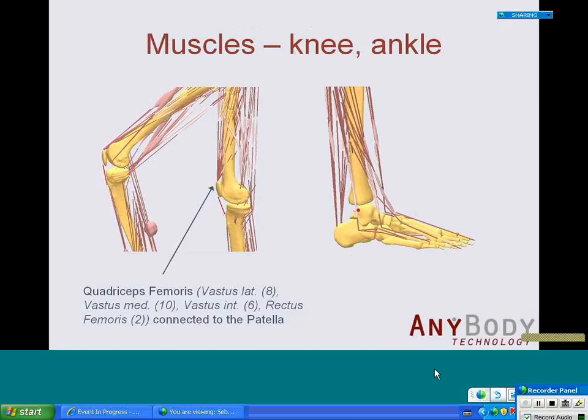So, once again, a more detailed picture of the muscles at the knee and the ankle. And here you can see the connection of the muscles on the patella and the rotation of this patella with respect to the femur. There are quite many muscles connected to the patella, as you can see here. For example, the vastus group, and of course also the rectus femoris. And all of them are carried via this rigid connection, which is connected to the shank.